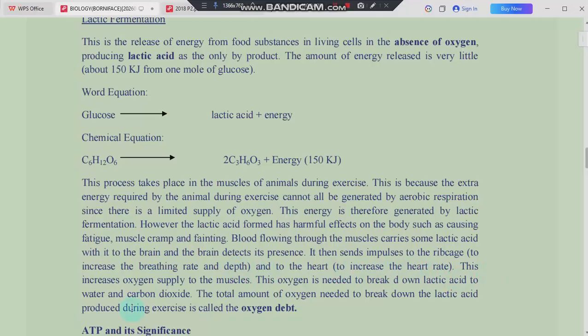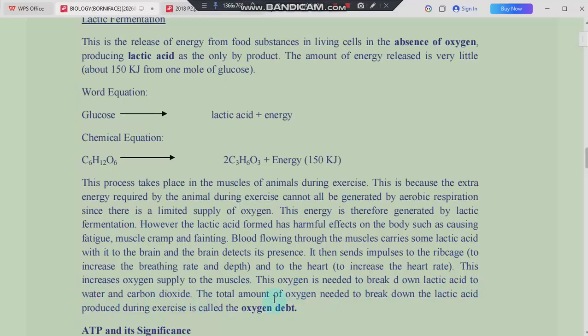So there is an increase in the oxygen supply to the muscles. This oxygen is needed to break down lactic acid to water and carbon dioxide.